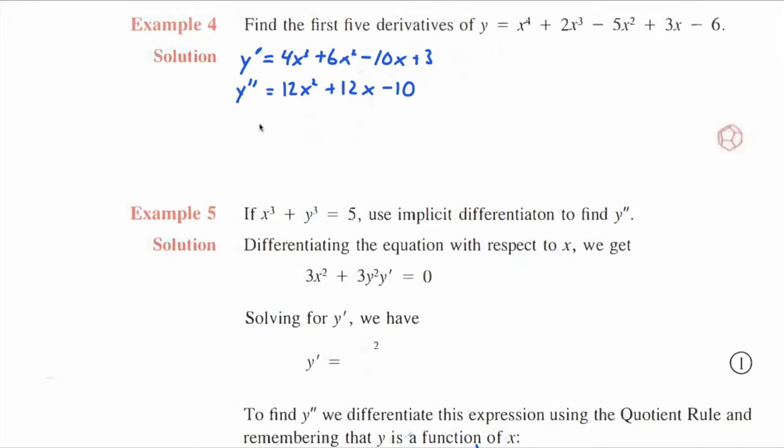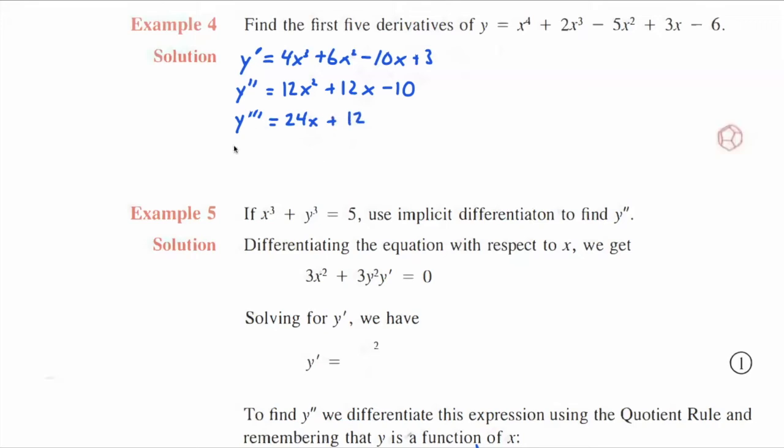So that's the second derivative. Treat this as its own function, and now take the derivative of this second derivative, and it will become the third derivative of the original function. So 12 times 2, that is 24. Bring the exponent down by 1, so that's x to the 1, and then plus 12.